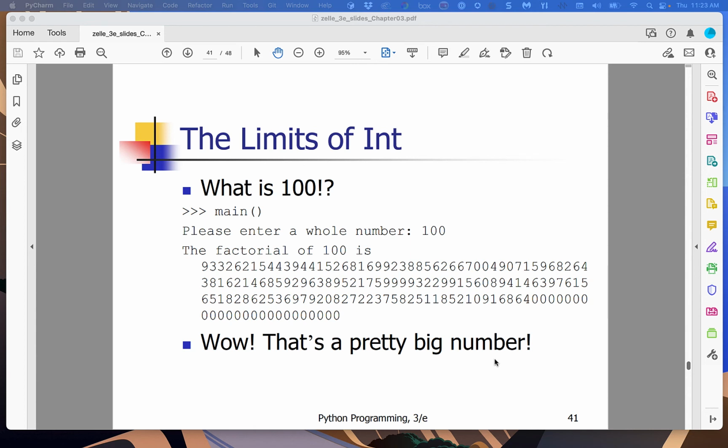So floats have both precision and scale, and ints have just precision. And modern Python, which is Python 3.0 and above, has ints with unlimited precision.